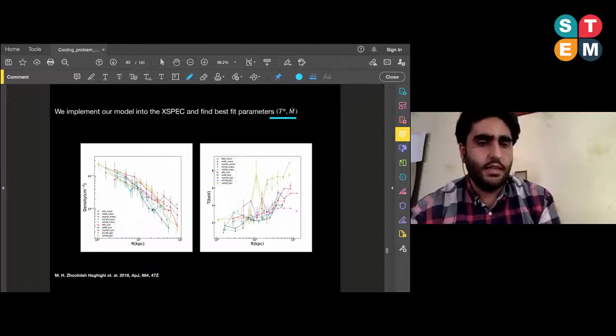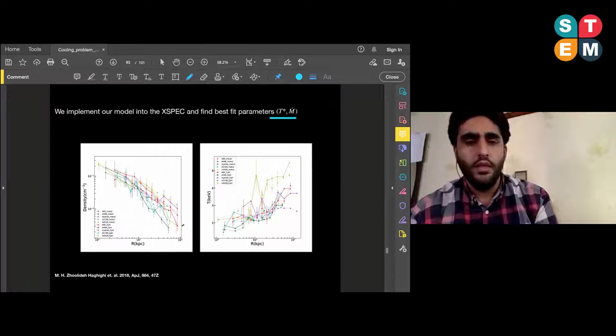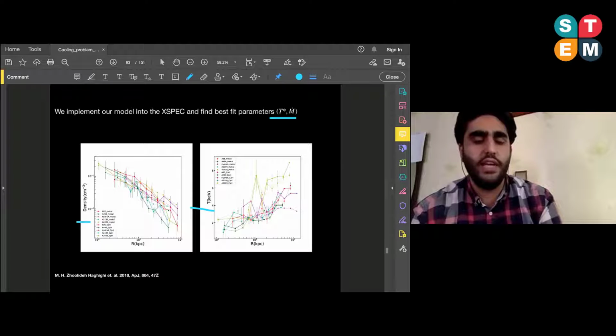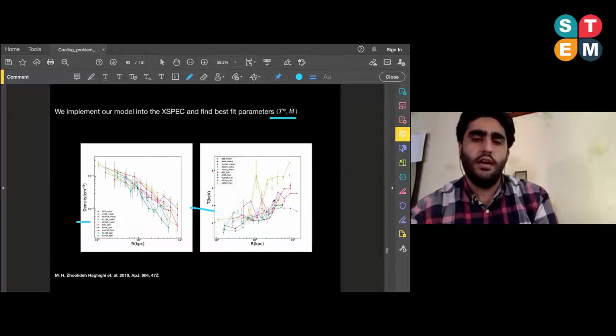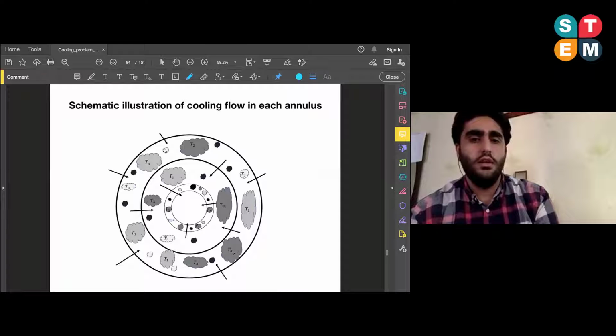And you can see the results of our study. There is a great similarity and consistency between our model and the well-known MEKAL model, both in density profile and temperature profile. And both models have quite the same trend, and we have very close predictions.